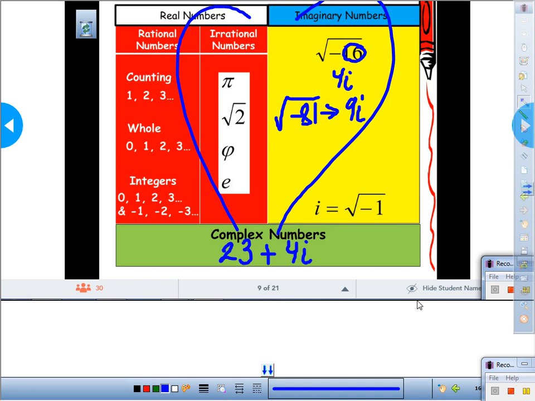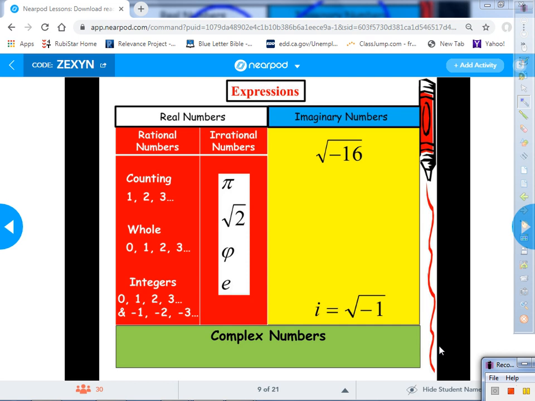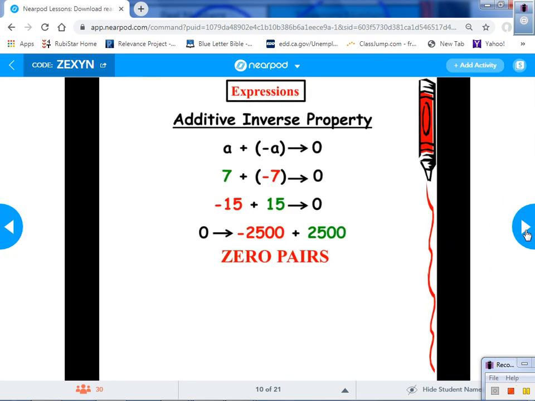All right, so going back now to our presentation. So now that we know what complex numbers look like, they come from real numbers and imaginary numbers. So everybody up to right there, we're good, right? All right, quick recap in regards to the properties for getting started with expressions. I covered the additive inverse property. There are the examples. Everybody see them?